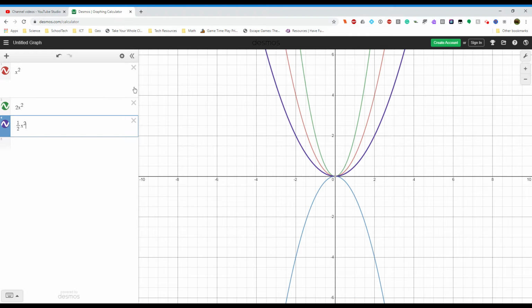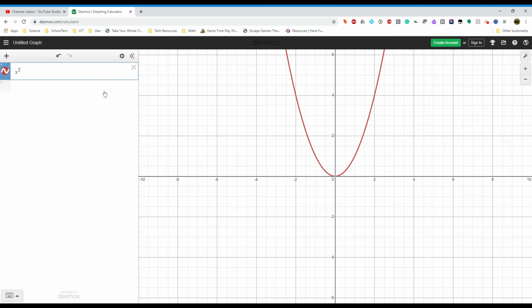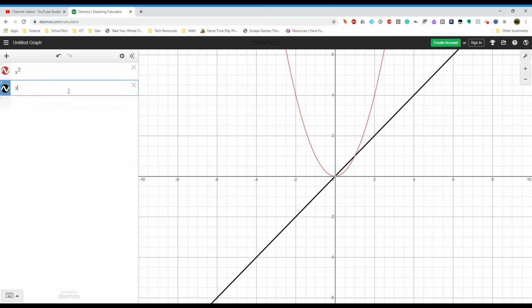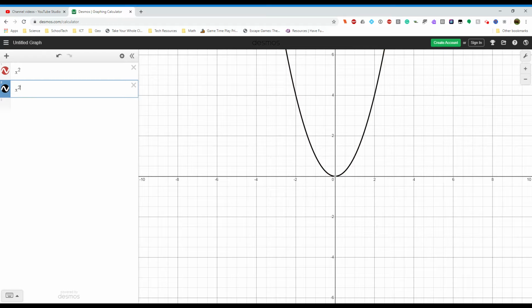Now let's see what happens when we change B. So we'll have x squared plus 2x. So in this case, we have moved the parabola over, and it has moved down.